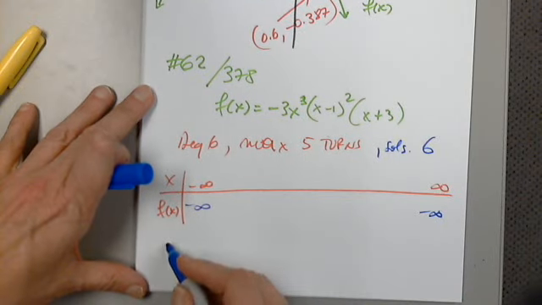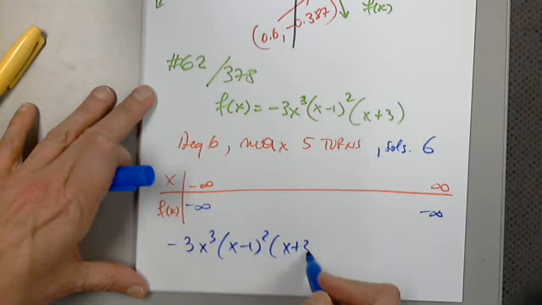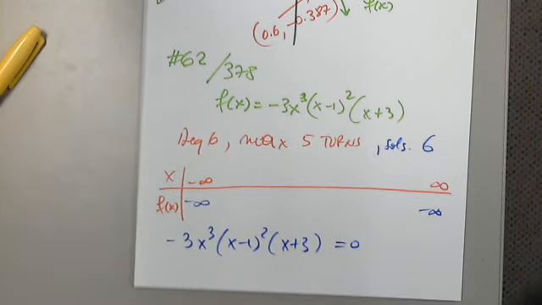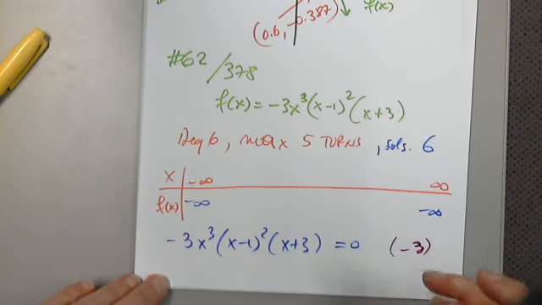Perfect. So then negative 3x cubed times (x minus 1) squared times (x plus 3) is 0. I will divide both sides by negative 3 to make it as simple as possible.